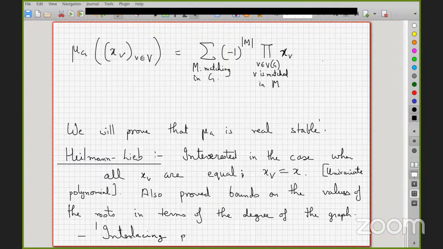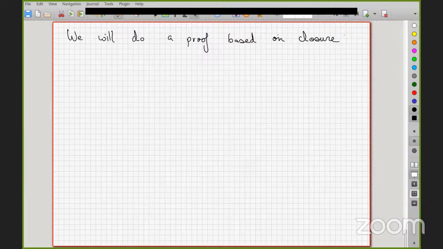The proof I will do is based on closure properties. It is maybe simpler, but it does not immediately give the extra information about locations that Heilmann-Lee got.